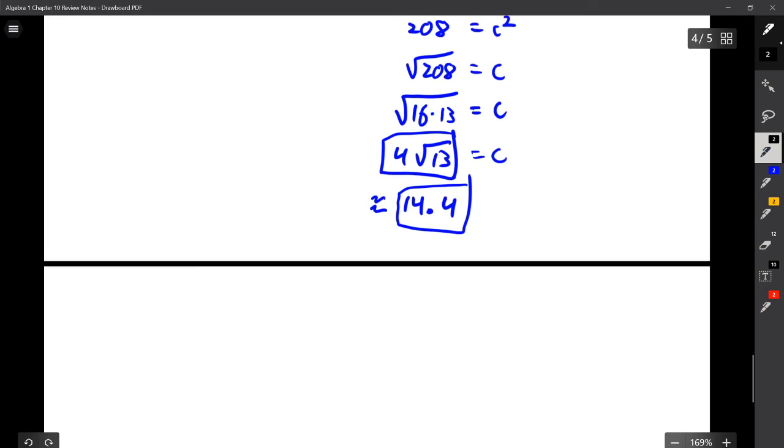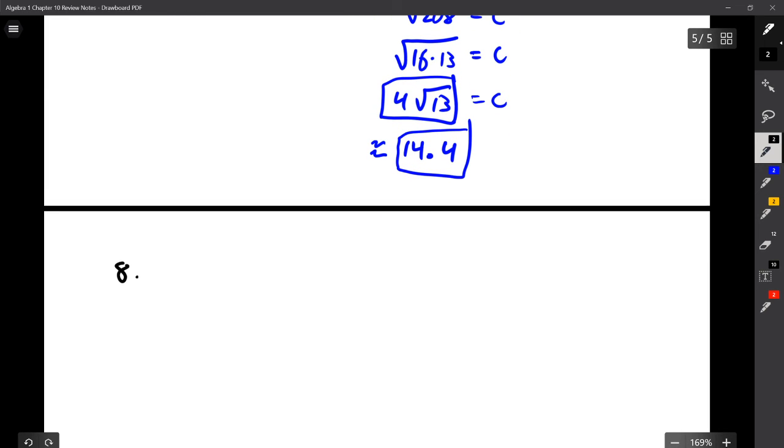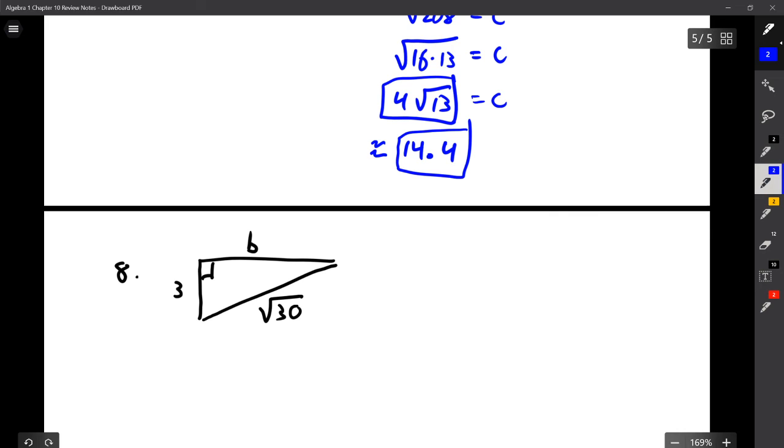Okay, same kind of problem for number 8. This time, though, here's what we are given. And we know that this is 3, this is B, and this is a square root of 30. Okay.